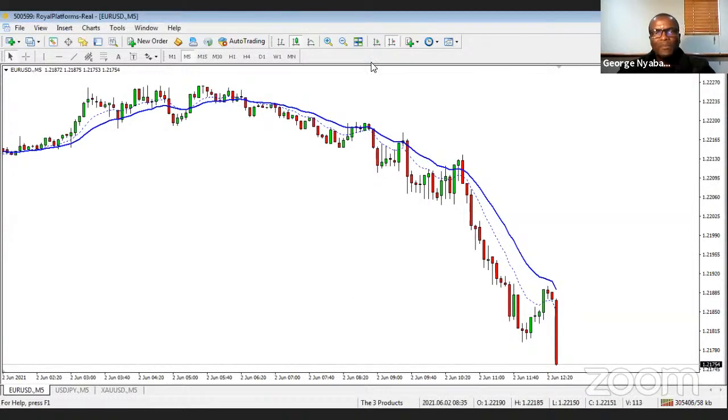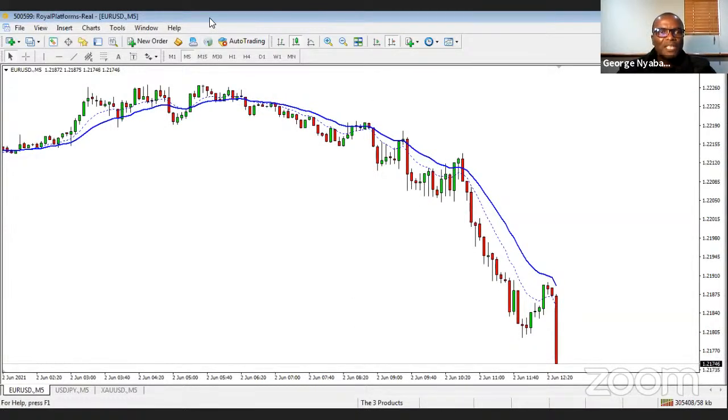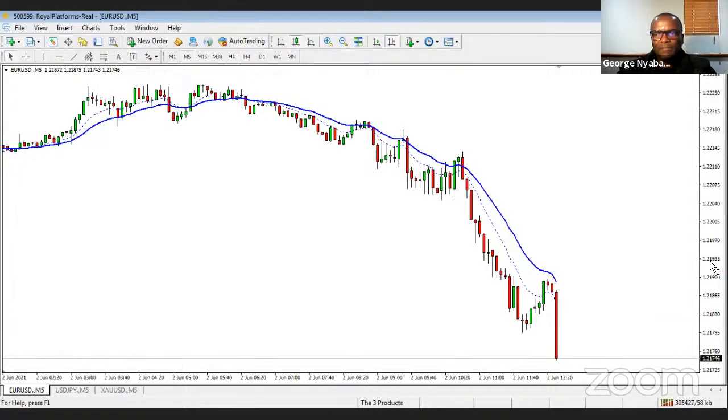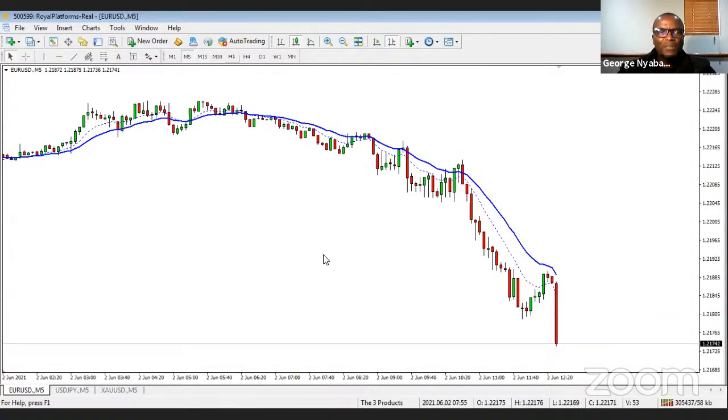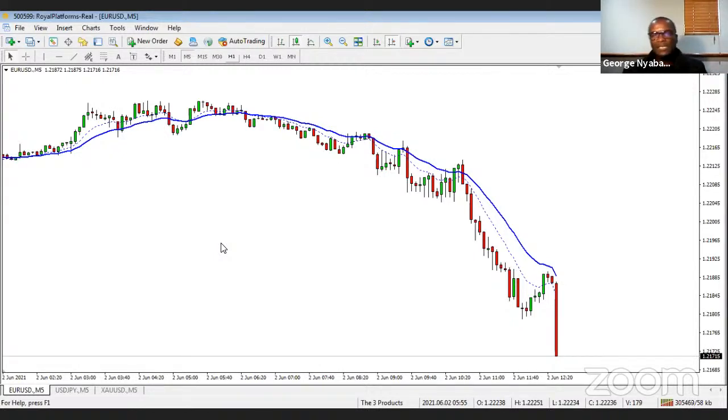So back on the euro, let me just check that my screen sharing is up correctly. But anyway, I don't want to spend a lot of time here. I want to look at reversals at hidden levels of support. We have spoken about major trend reversals, and we spoke about the key things you must look out for.